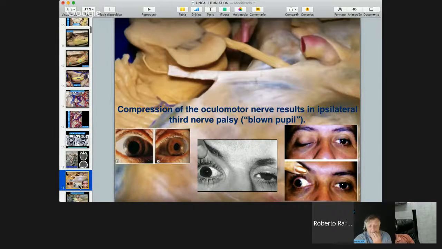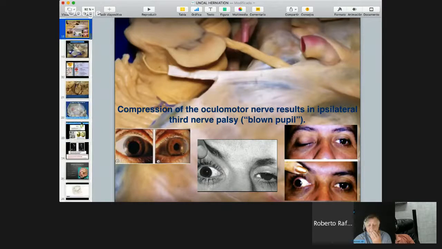Regarding the clinic that the hippocampal herniation produces, it's very important the relation between this free edge of the tentorium and the third nerve.